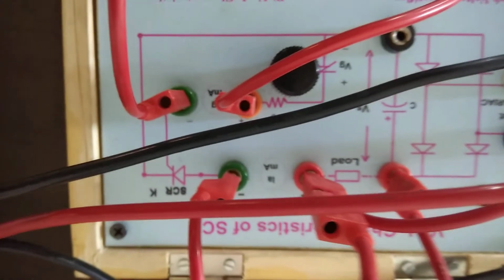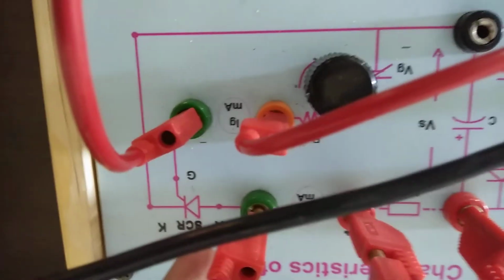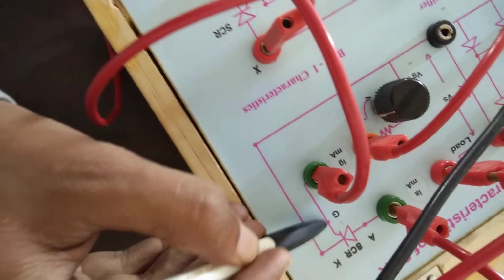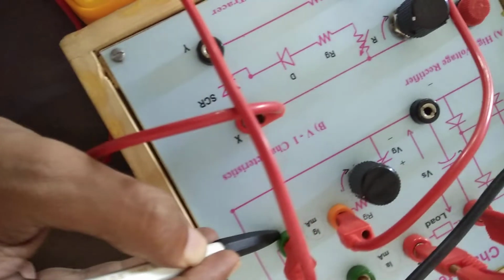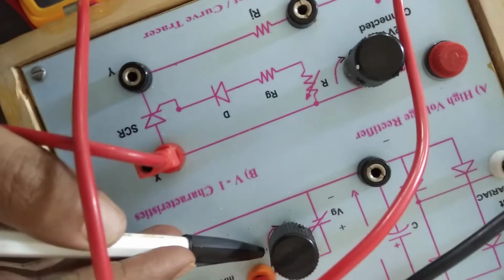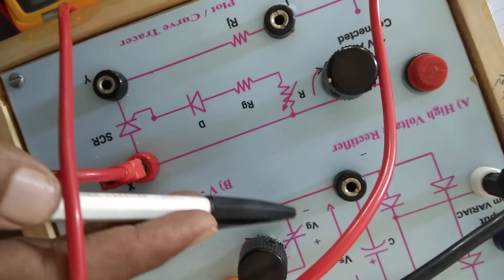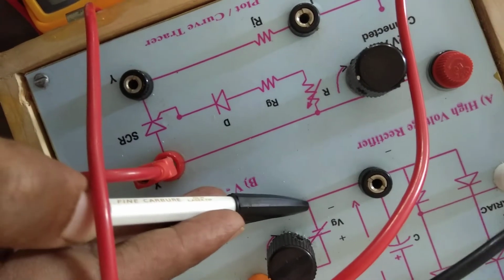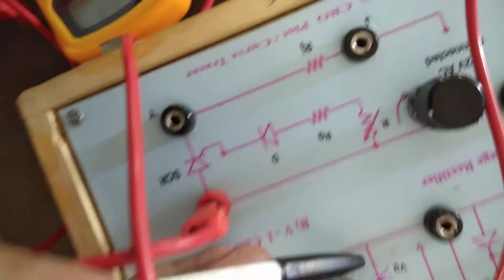Now consider another similar arrangement for SCR characteristics. In this arrangement, this is a SCR and the gate terminal of this SCR is connected to RG. RG is a variable resistor and it gives a variable gate voltage.